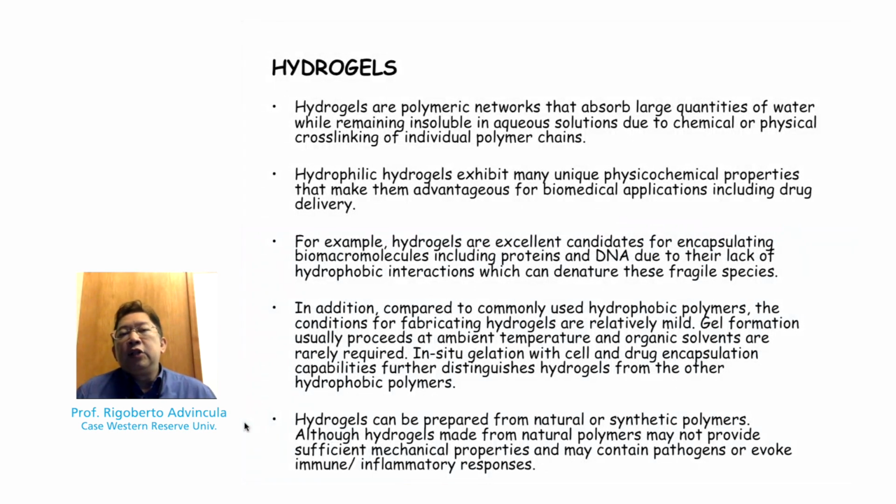These are gels. On the other hand, hydrogels can be in the form of PEG, polyethylene glycol containing hydrogels, or polyvinyl alcohol. These are synthetic polymers that can be cross-linked.